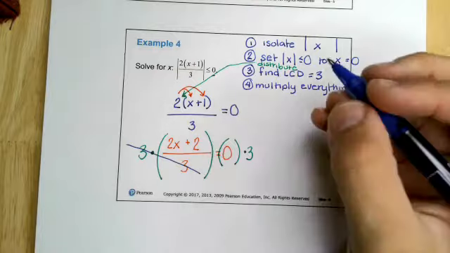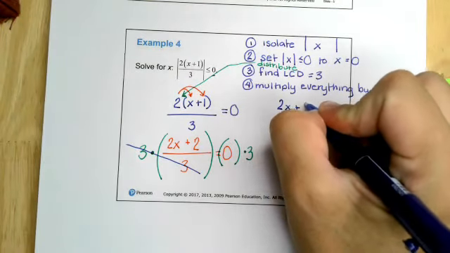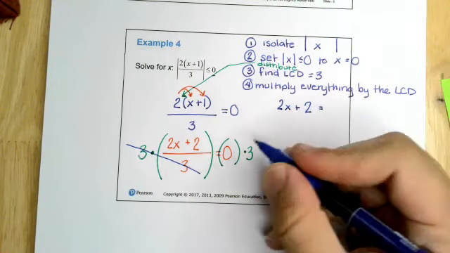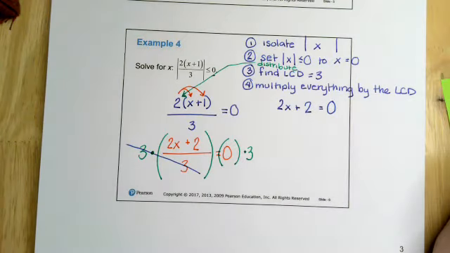So now I have 2x plus 2 equals 0 times 3 is 0. All right, now I'm just going to solve for x.